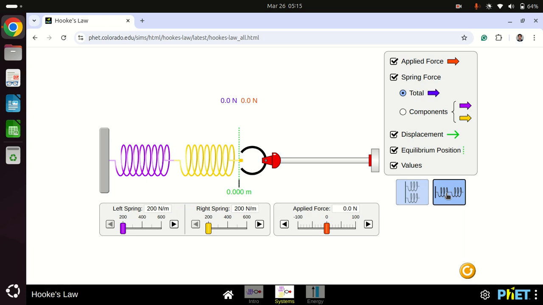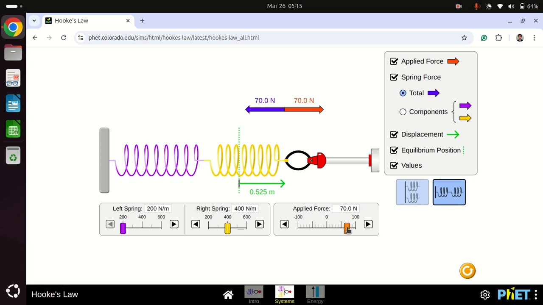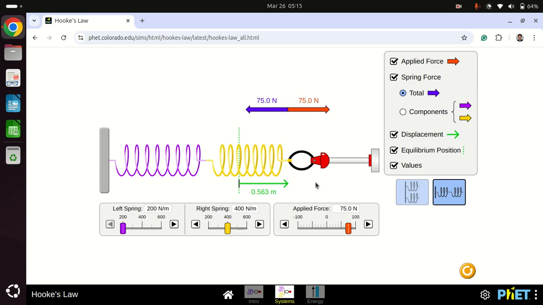Now if we go for series, we will see there is some difference. Okay, let me go for 400 first, and I will try to keep the same force, 75. Yeah, now you can see there is a displacement. The right spring is 400 Newton per meter and the left spring has k equal to 200 Newton per meter.